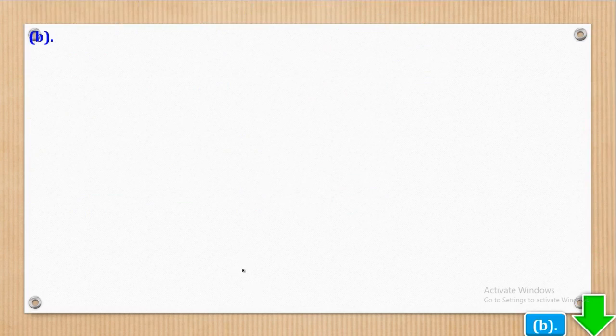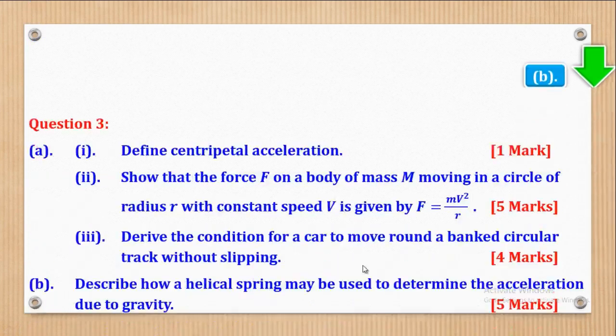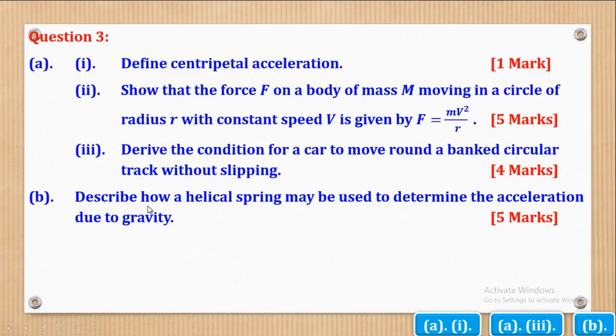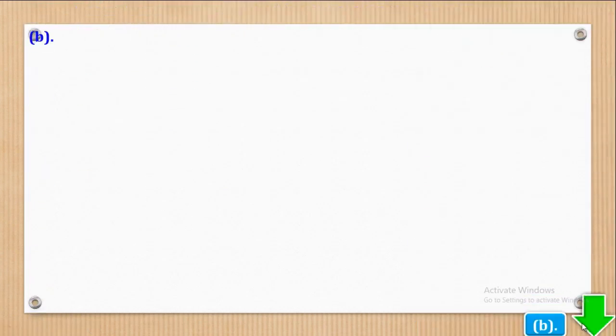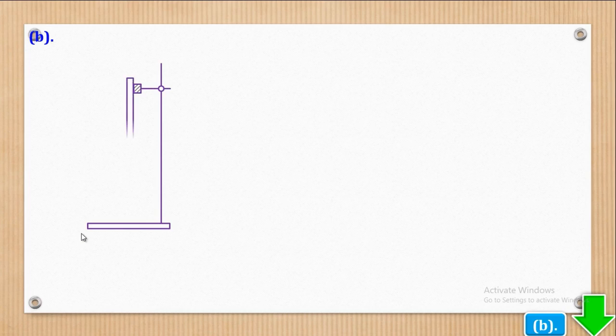So now we shall go to part B. Part B says, describe how a helical spring may be used to determine the acceleration due to gravity. So the easiest thing is to first draw a sketch of the setup. So let's first draw that.